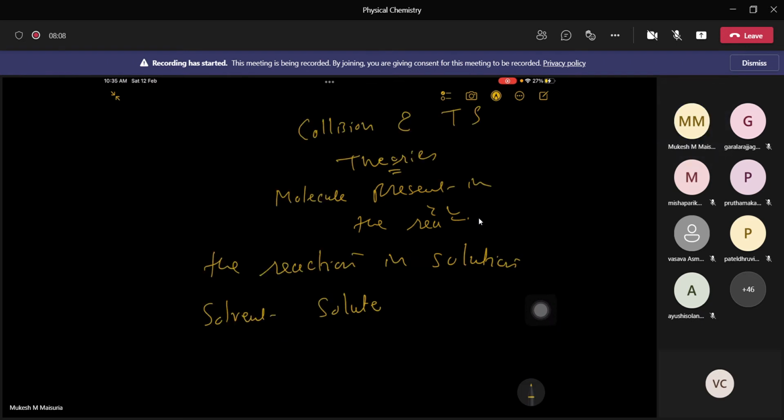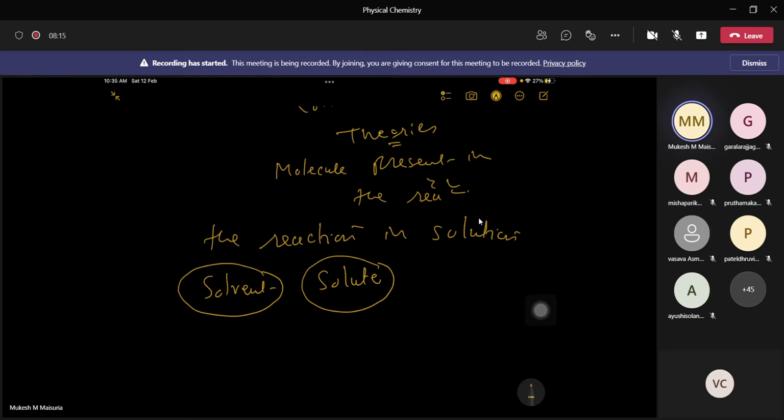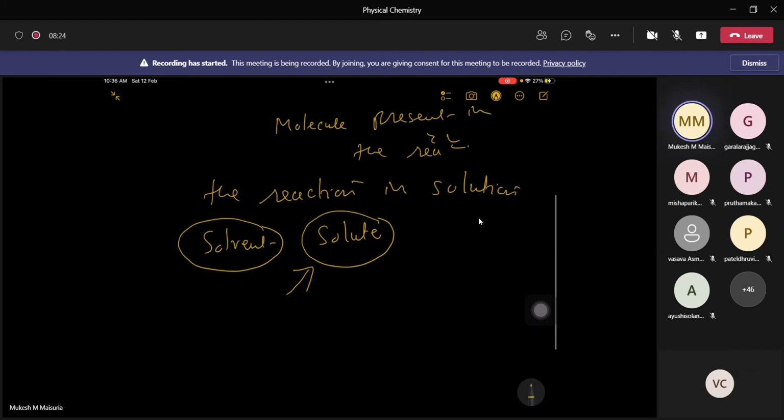So solvent is also a part of the solution, and solute is also a part of the solution. Obviously there is a reaction between two solute molecules. Now the question is, the reaction is between two solute molecules, but what happens if the solvent is present in the solution?